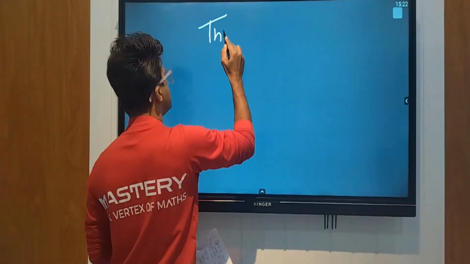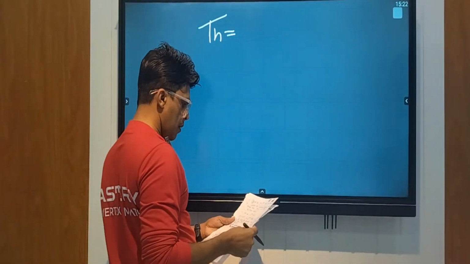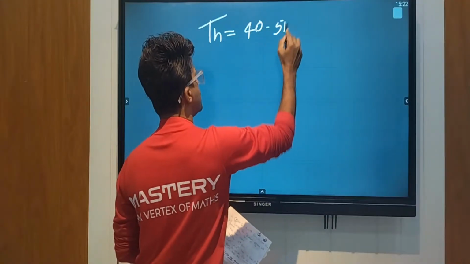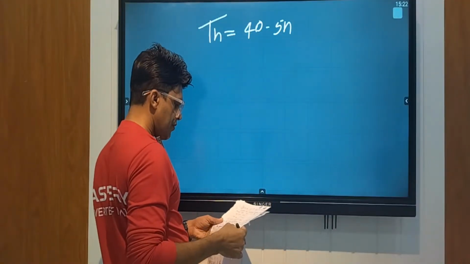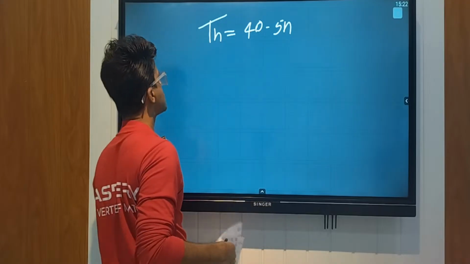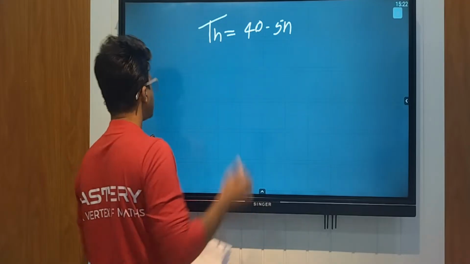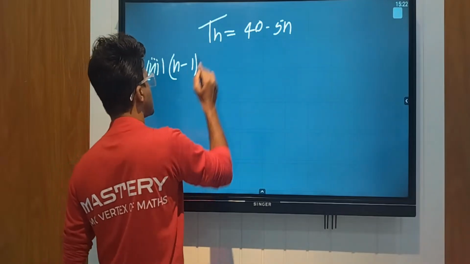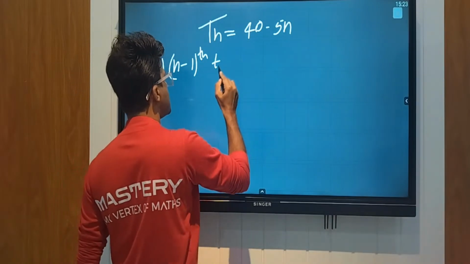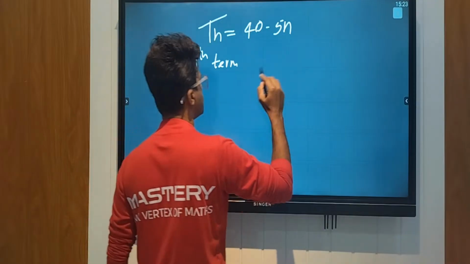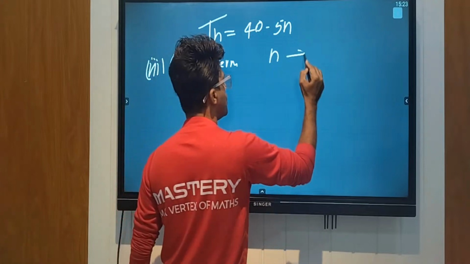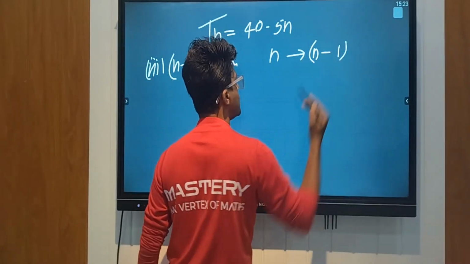Tn equals 40 minus 5n. It says to write the n minus 1 term, so instead of n, you need to substitute n minus 1.